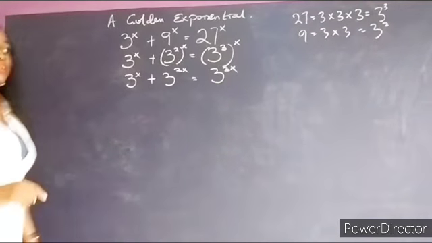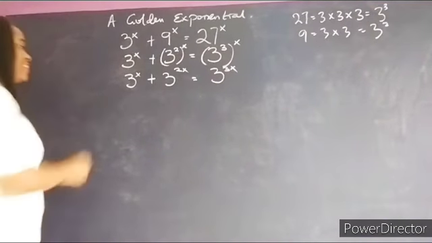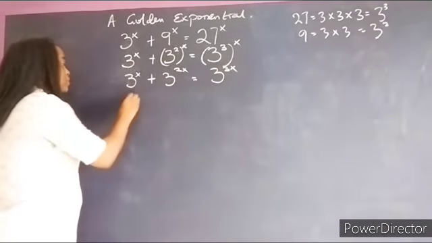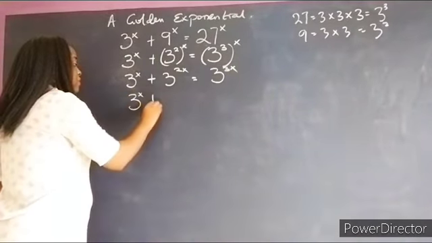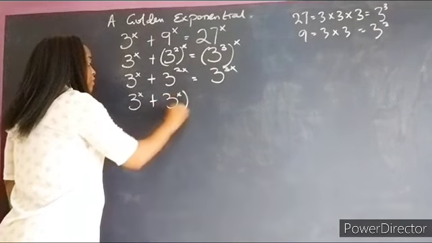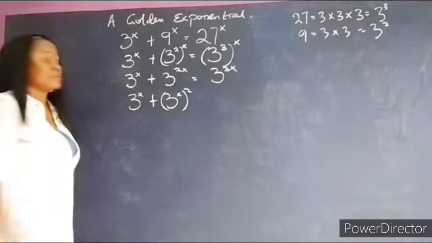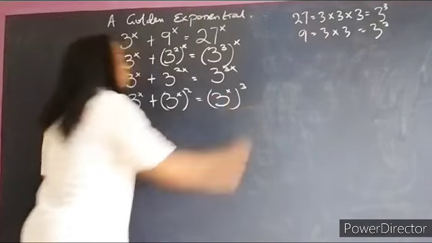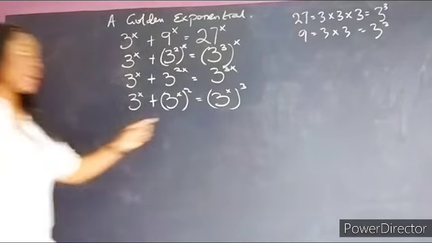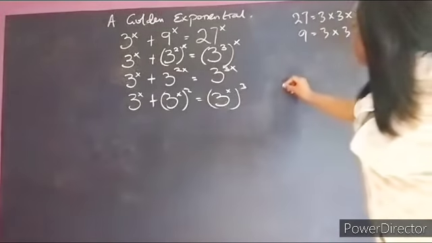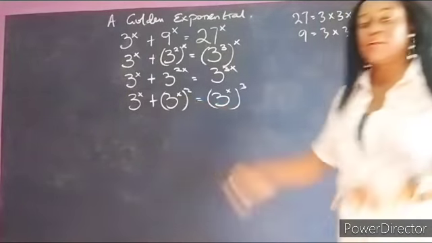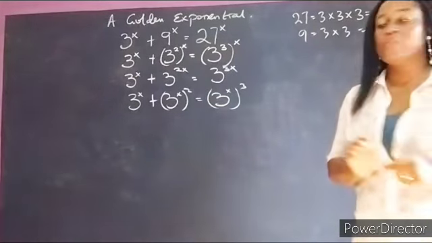So we're going to do something different right now. We're going to switch it up. So we'll say 3 raised to power x plus 3 raised to power x squared equal to 3 raised to power x cubed. And on the side, we're going to capture 3 raised to power x to be one single variable, alright?